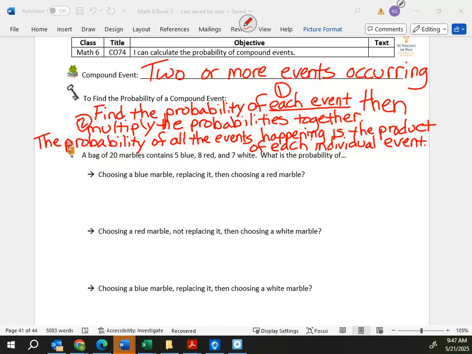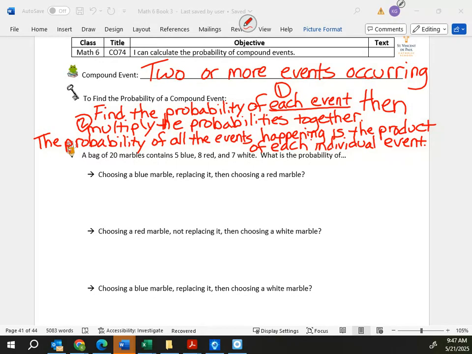So the compound event, to find that probability, you have to find the individual fractions, the individual probabilities for each event, then we're going to multiply those fractions together. So what does that look like? Let's put that into practice.